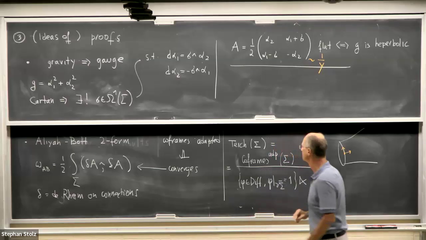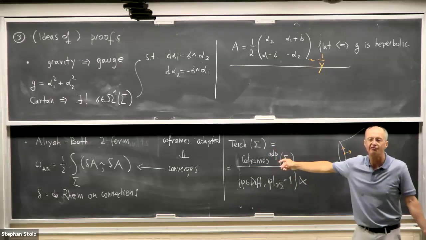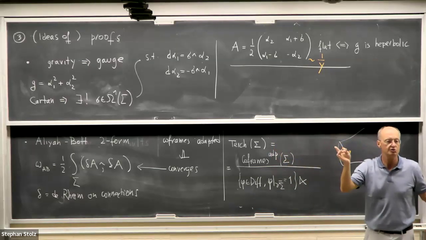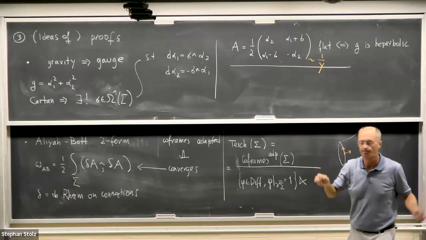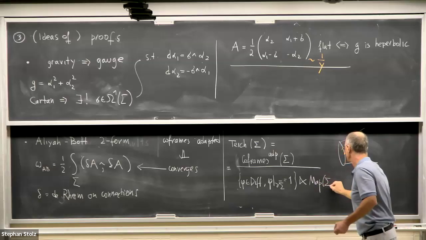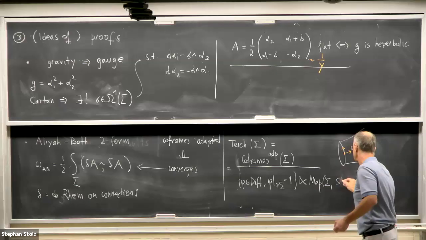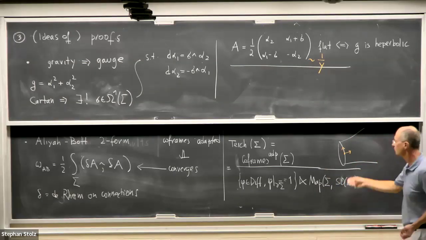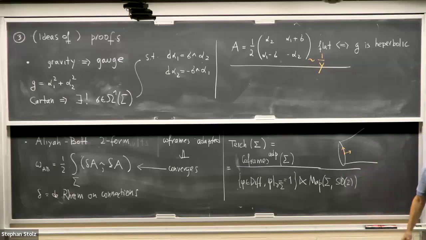And also, right now, there are some coframe rotations, because for each metric, there are many coframes. So coframe rotations is something like maps from sigma to the rotation group. We can write it as SO2, or as a circle. So that's roughly what it is.